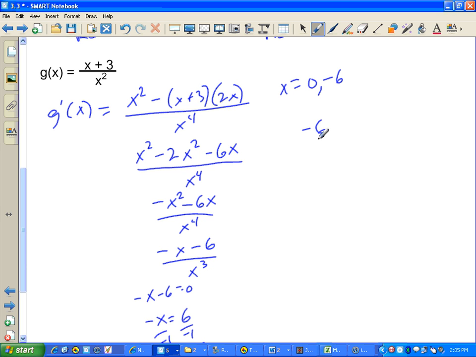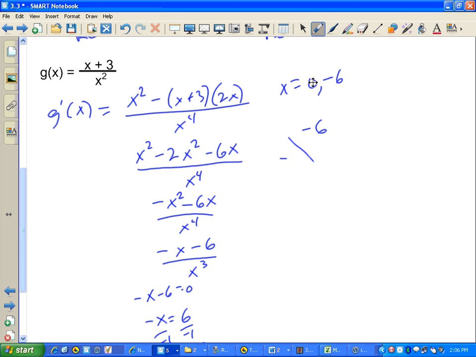Okay, so I'm going to test -6. I'm going to pick a number that's left of it, like -7. -7 is positive 7. Minus 6 is positive 1. Negative 7 cubed is going to be some negative number. So I have positive over negative, which is negative. So this is decreasing.